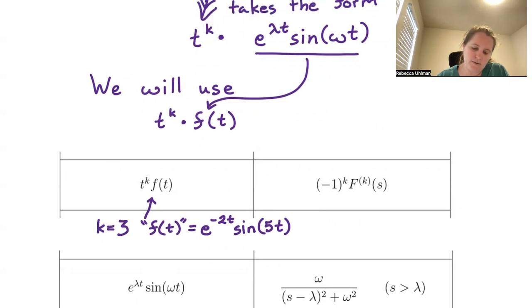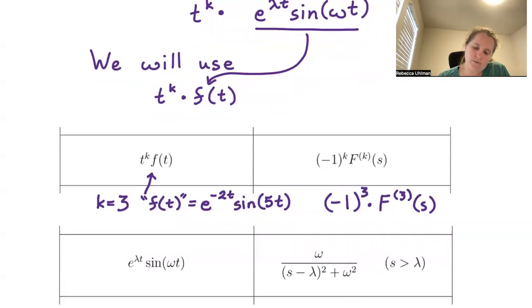So in this case, we will have a negative 1 cubed. And then we are going to multiply by the third derivative of the Laplace transform of that new f of t, that e to the negative 2t sine of 5t. So we are going to multiply by the third derivative of capital F, where capital F of s is the Laplace transform of e to the negative 2t times sine of 5t.